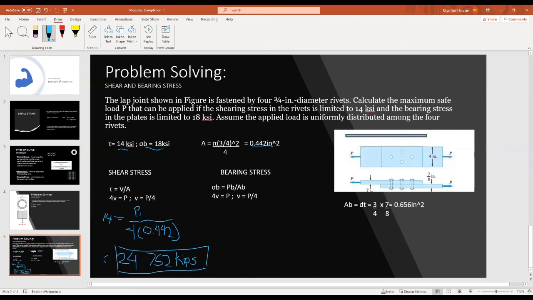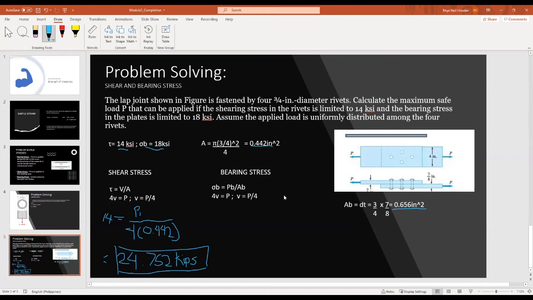So for the bearing stress, our stress is equal to PB over AB. We solve for AB, where AB is equal to D times T, equal to 3/4 times the thickness, which is 7 over 8. The answer that we will get is 0.656 inch squared. So we also have 4 PB.